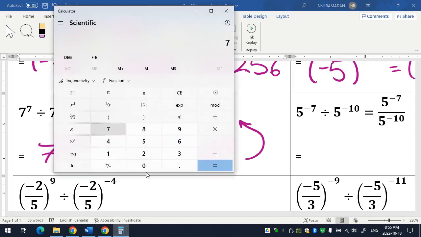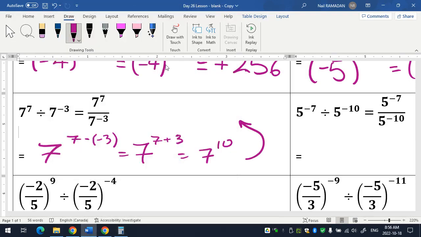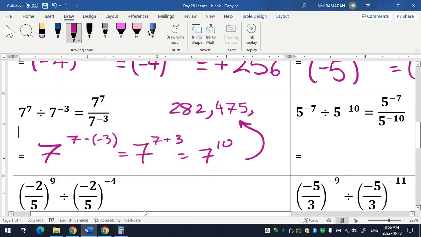What's 7 to the 10? 282,475,249. Sure, whatever. 282, 475. Yep. And 249. Done.